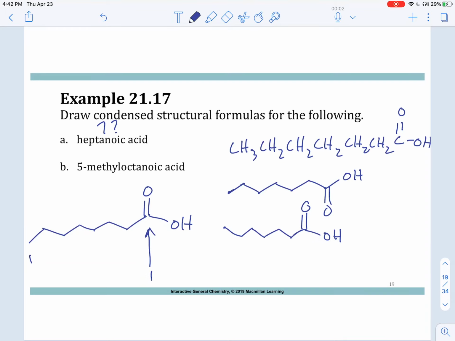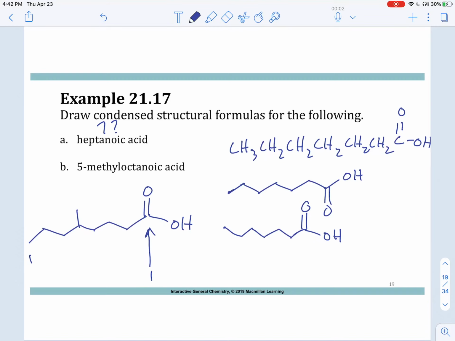We don't count the 1 over here. I just started with the 1 in my head because I was trying to count these out. So 1, 2, 3, 4, 5, 6, 7, 8. Okay, so I got my 8. Now I just need to count 1, 2, 3, 4, 5. That'll be my methyl group. That would be the skeletal structure for this.